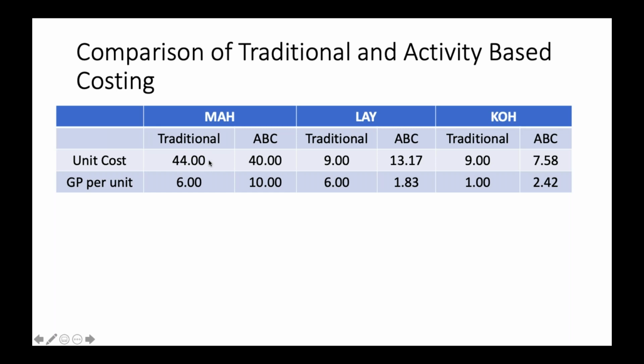We are charging too much factory overhead cost using traditional costing. In fact, it should have been lower. So it should have been 40 pesos only. And we are actually earning 10 pesos per unit instead of 6 pesos.